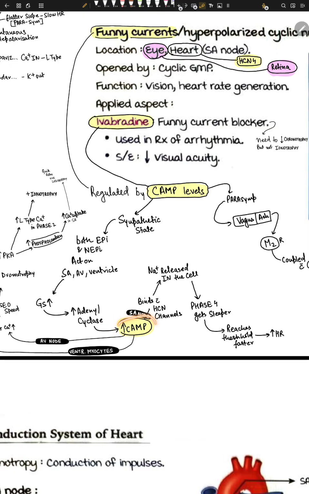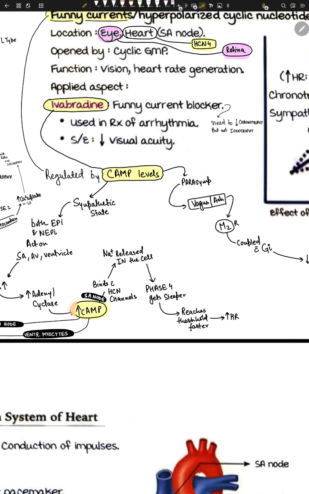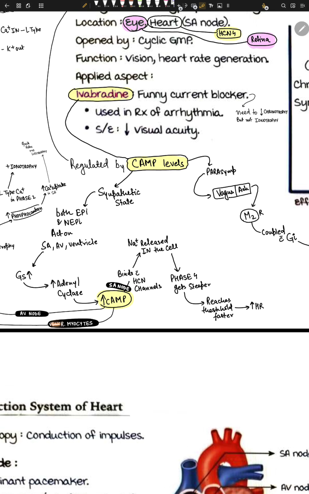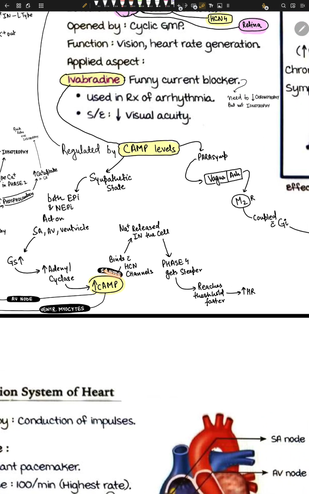Now, I told you cAMP is called a cyclic nucleotide. Once the cAMP increases in the SA node, in the ventricular myocytes, and in the AV node, it has a different effect. I'll tell you what happens in the SA node. When cAMP increases in the SA node, this cAMP binds with these HCN channels, and the HCN channel now opens up.